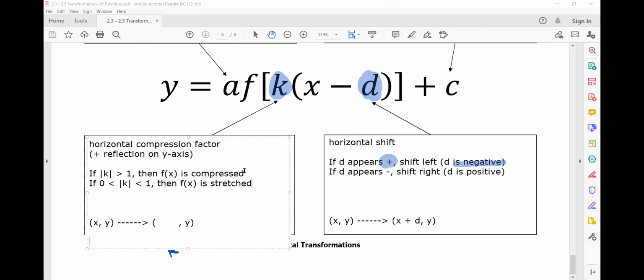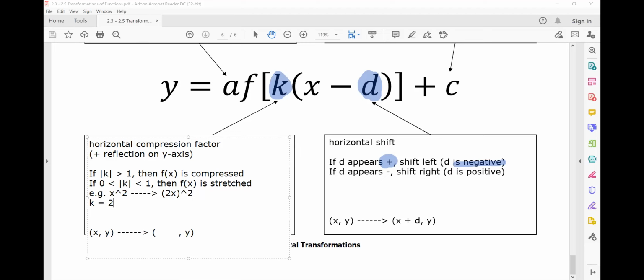Some of you might still be lost. They're like, I don't understand the relationship. That's okay. Let me give you an example. Let's pretend I have x squared and it's being transformed into (2x) to the power of 2, right? K value is equal to, let's keep it simple for now, 2.